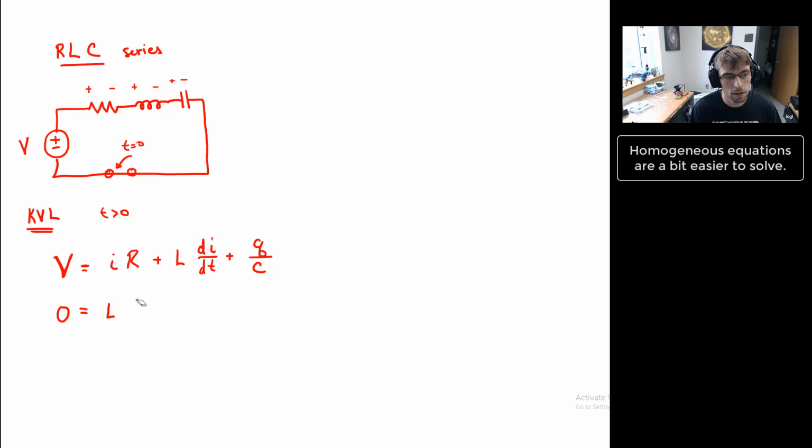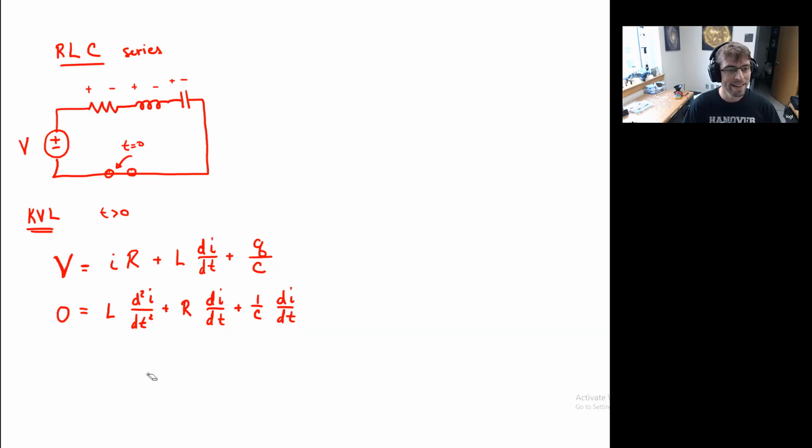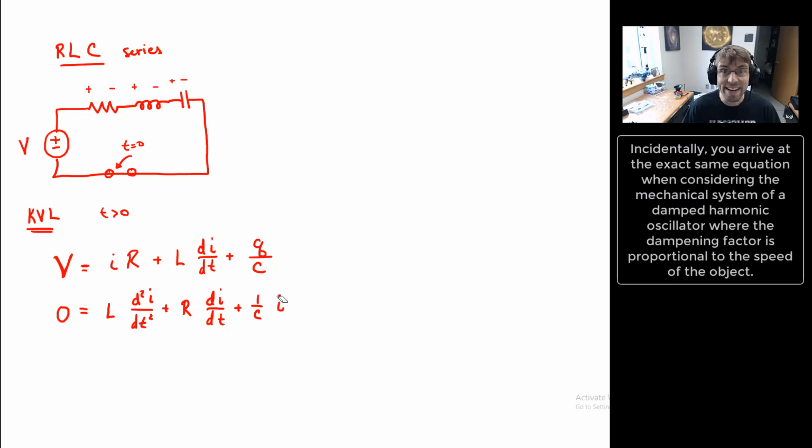We have L d squared i over dt squared plus R di dt plus 1 over C times... excuse me, you should yell at me. That's not di dt. I got carried away. This is just i. Ta-da!